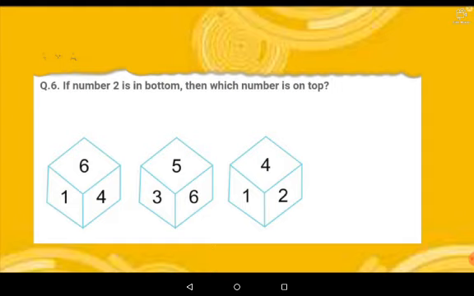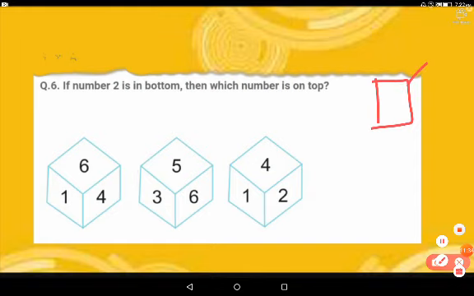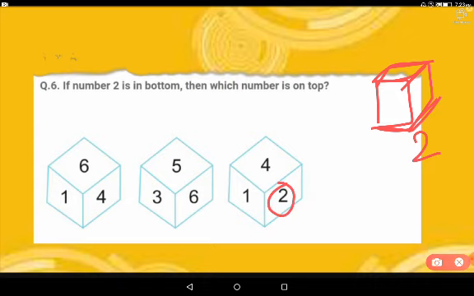They are opposite sides of a three-dimensional figure. Are you confused with that? If this is a cube and here lies the 2, then what will be on top is the opposite face, right? So we need to find out what is the number opposite to the digit 2.